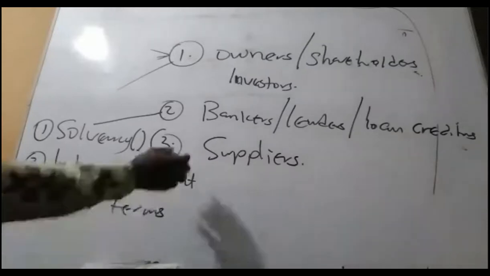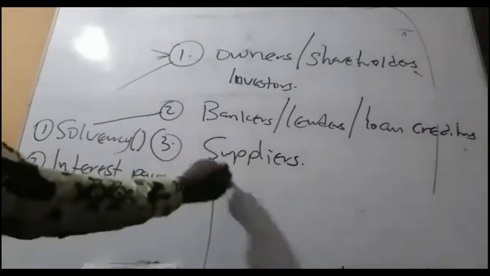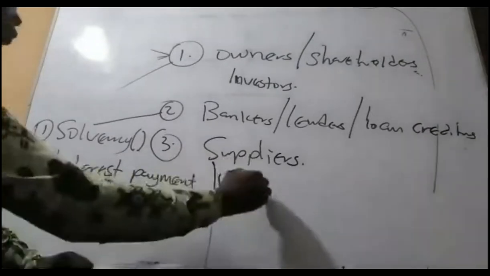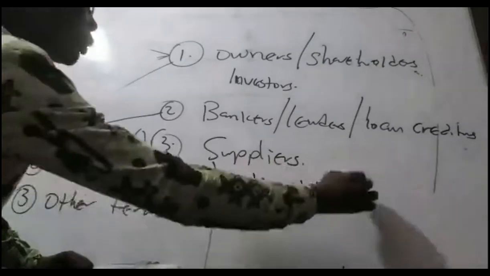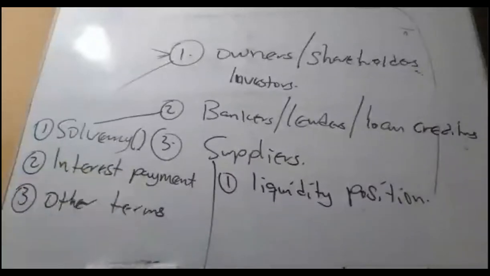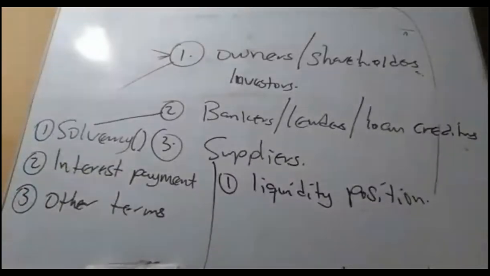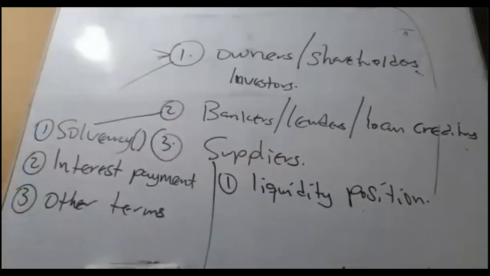That's all. Suppliers move in line, just that they will check our short term. Everything here is the same, just that they are interested in the short term. Now let's check suppliers. For suppliers, they'll check, one, your liquidity position: your ability to settle your short-term debt as and when they fall due, your ability to generate enough liquid assets to pay their suppliers.